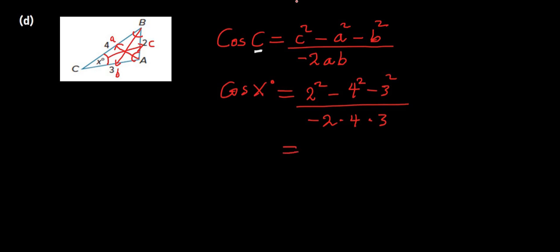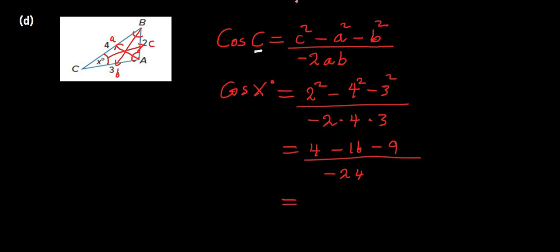So now 2 squared is 4, so this will be 4 minus 4 squared, which is 16, minus 3 squared, which is 9, over negative 2 times 4, which is negative 8, and negative 8 times 3 is negative 24. So we have negative 24.